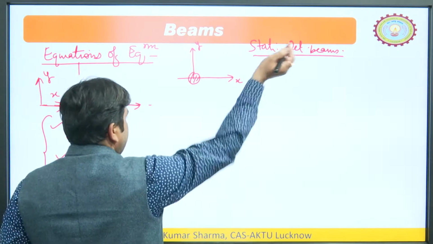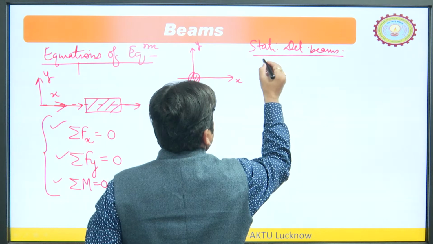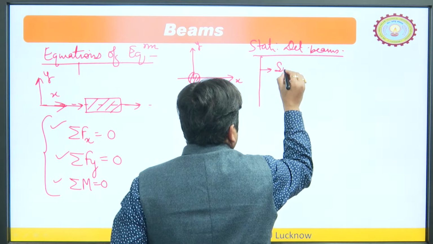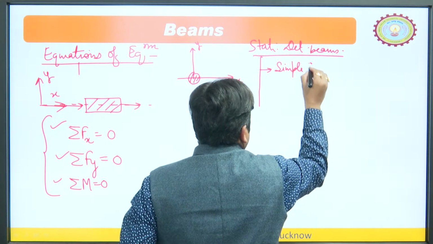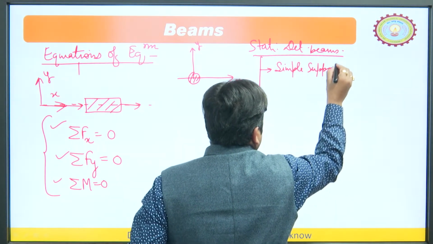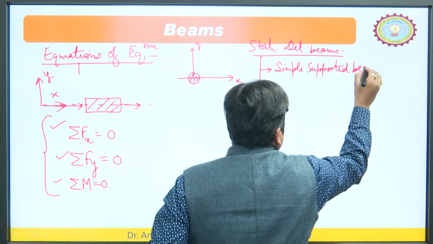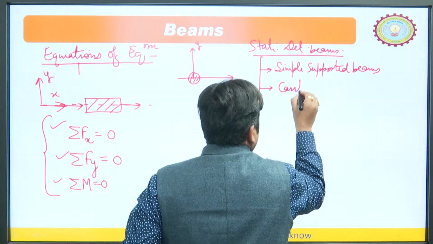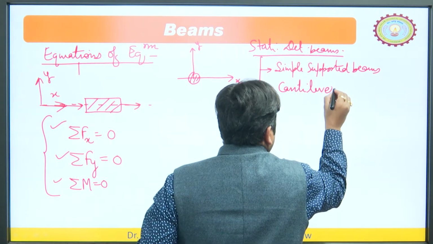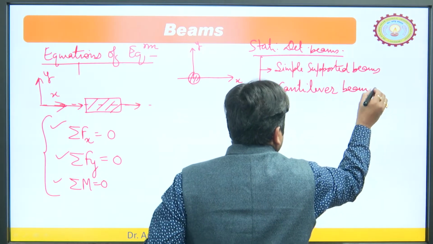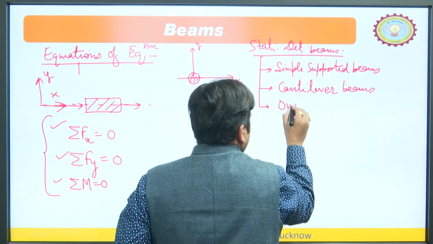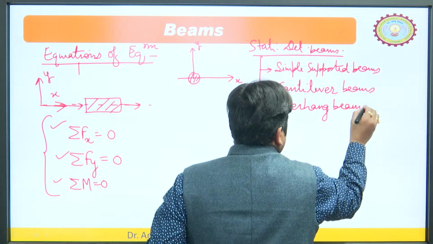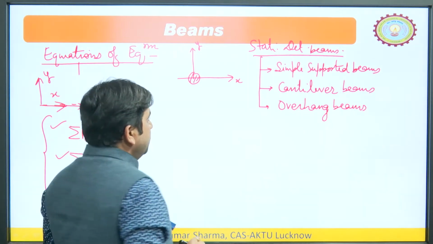Now, let us see examples of statically determinate beams. Statically determinate beams may be simply supported, and I will discuss more about these beams in the next slide. Another may be cantilever beams, and the third may be overhang beams.